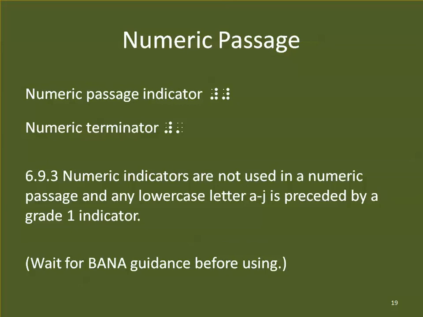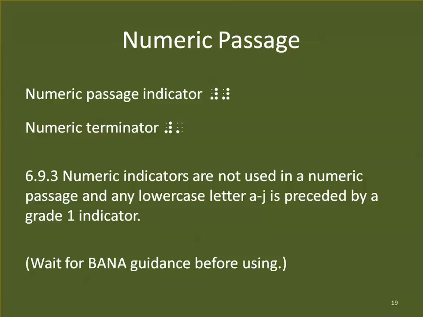But the two volumes together are the UEB code book. And in that technical part of the code book, there is something called the numeric passage indicator, and it comes in handy for those who are using UEB math. But for those of us who are using Nemeth, we will hardly ever use this numeric passage indicator.